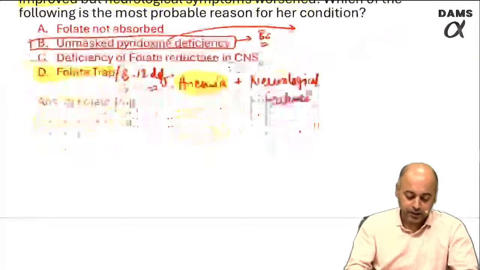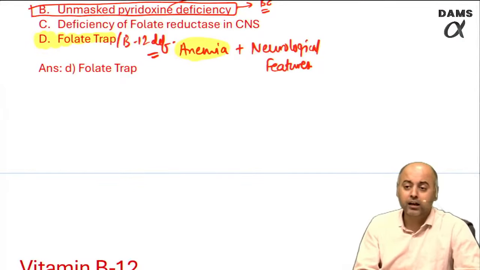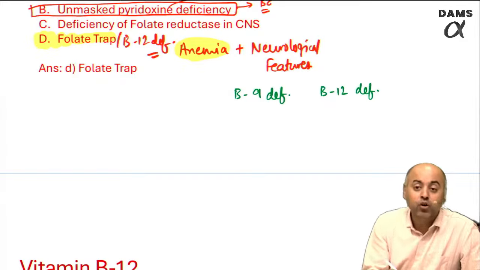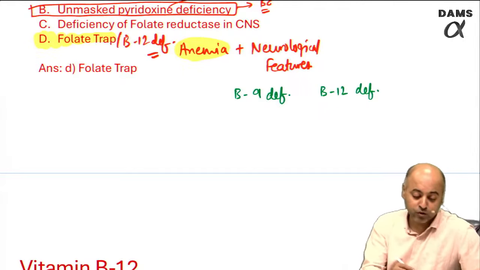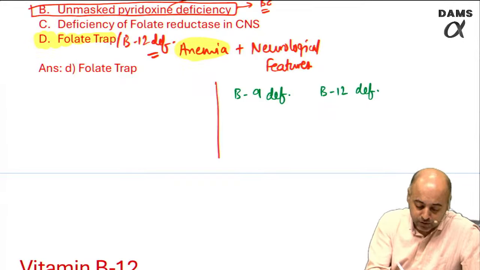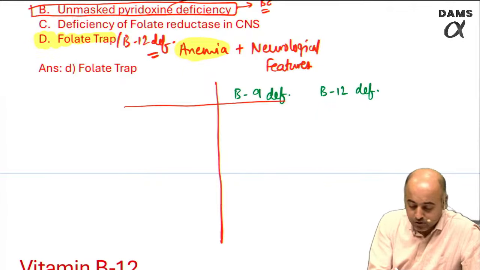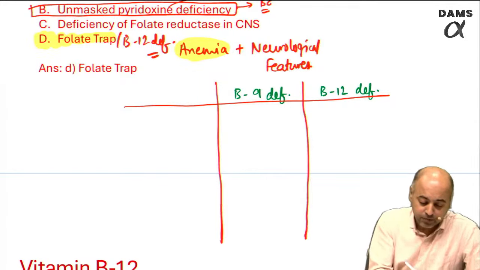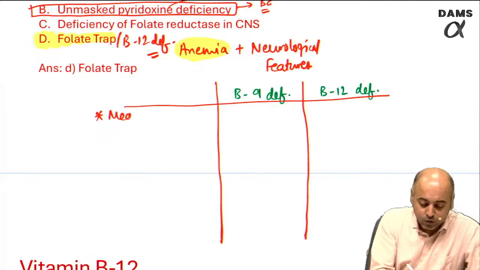Okay, here very quickly I'll help you to distinguish between B9 and the B12 deficiency, because they can have some common features. However, you will be frequently asked to distinguish between these two conditions. So the common features will be, number one, the megaloblastic anemia.